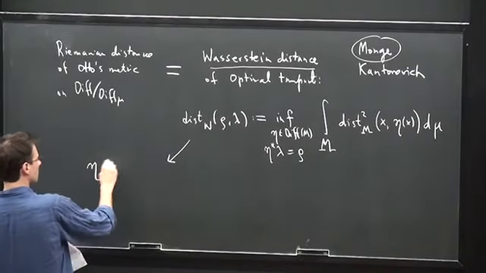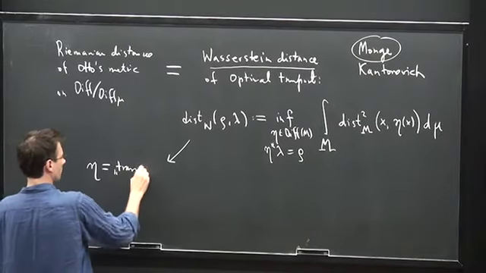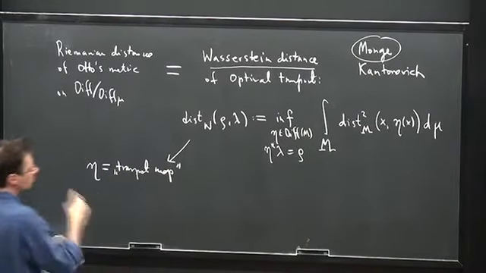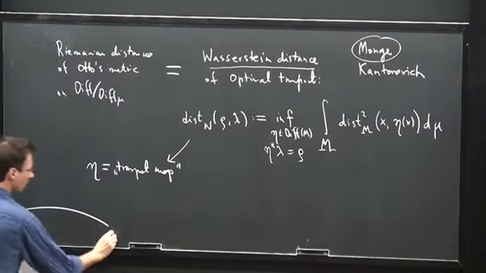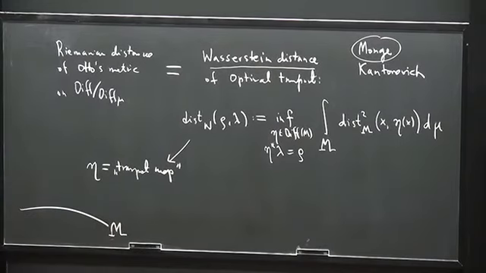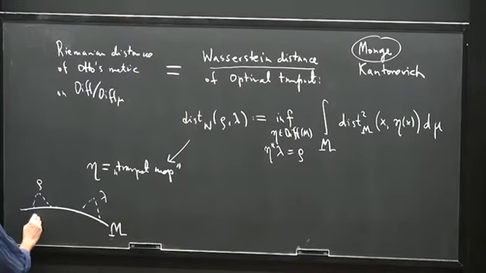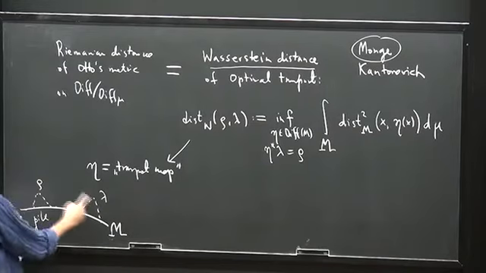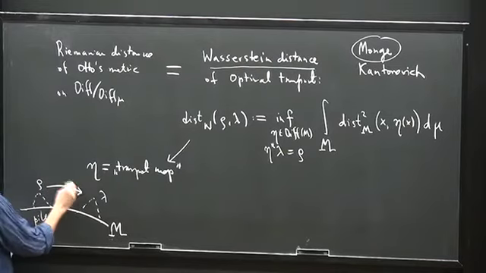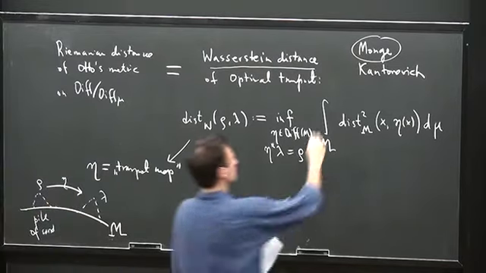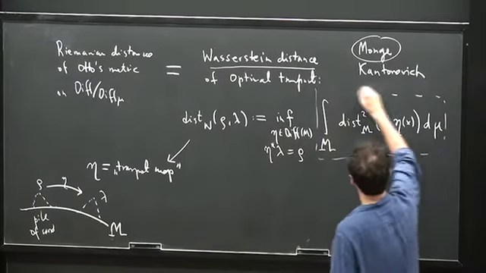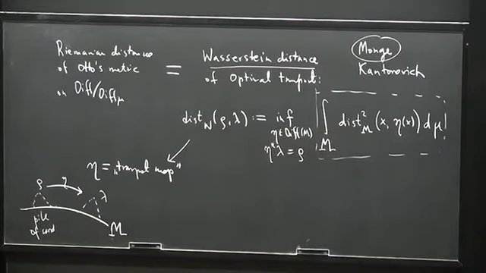Eta here is thought of as the so-called transport map, which, well, we can imagine that we have a manifold M here, and we have, for example, Earth, and we have two piles of sand. There is one pile, rho, and there is another one, lambda. In this Monge problem, one looks for a transport map that minimizes the cost function, a quadratic cost, which is described by this integral.